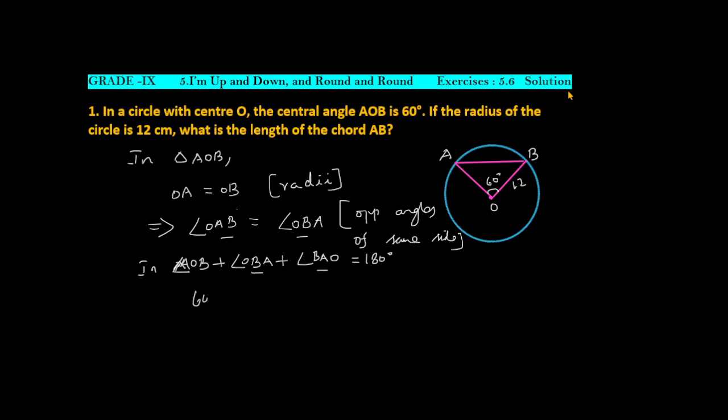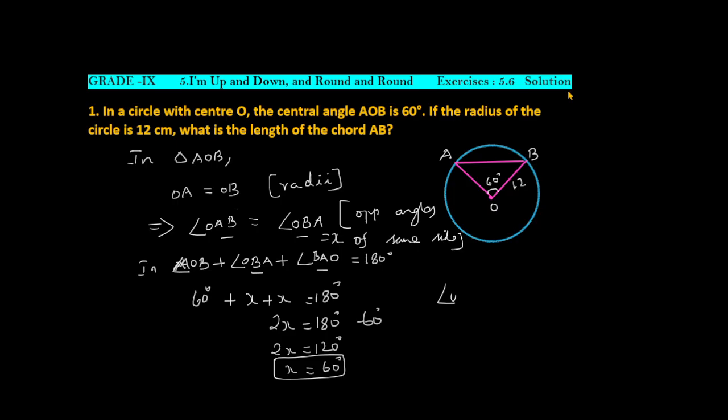Angle AOB is 60 degrees, given. Say these two angles are equal to x degrees. So, x plus x plus 60 is equal to 180 degrees. 2x is equal to 180 minus 60. 2x is equal to 120 degrees. So, x is equal to 60 degrees.